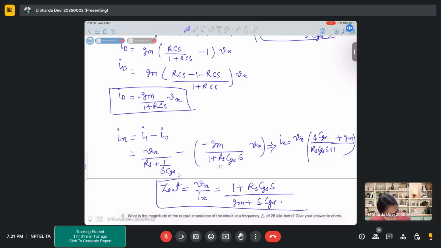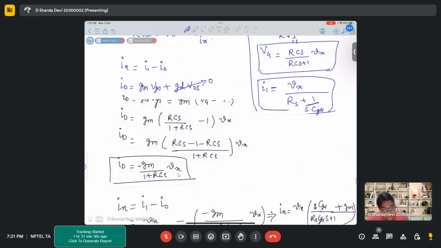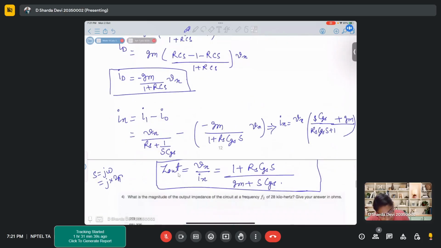Now in place of s, we will basically substitute j omega. So s equal to j omega, that is j into 2 pi into 3.2 gigahertz, 3.2 into 10 to the power 9 hertz.